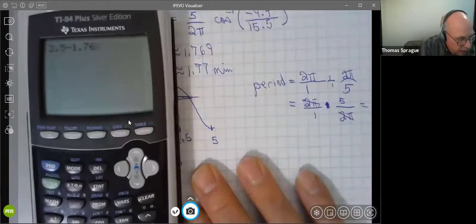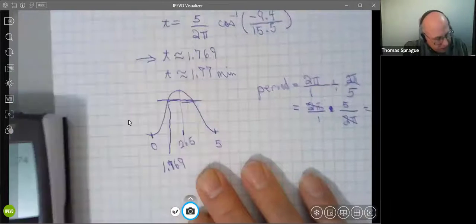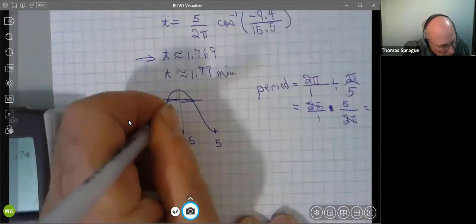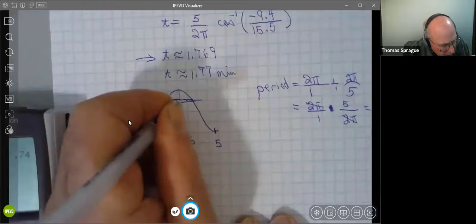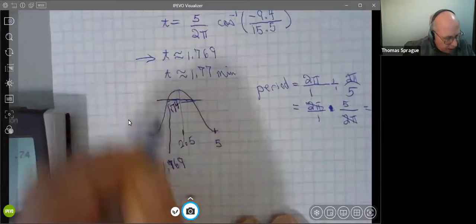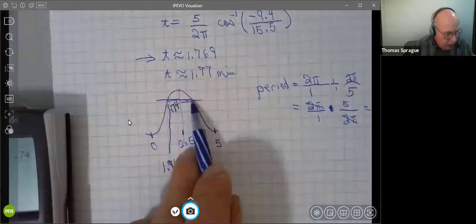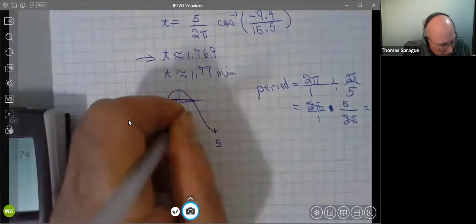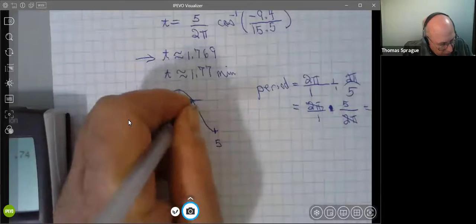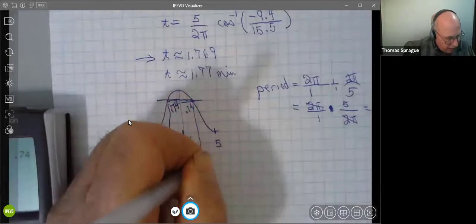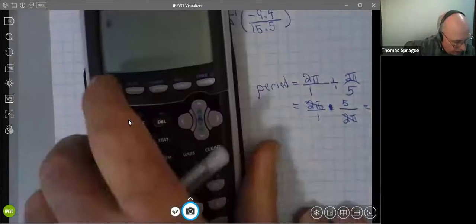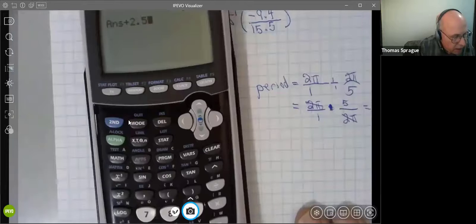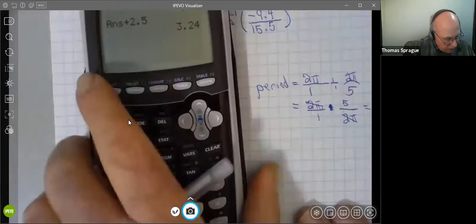And I get 0.74. And from here to here will then also be 0.74. And in order to find that x coordinate, I would take 2.5 plus 0.74. And that gets me to 3.24.